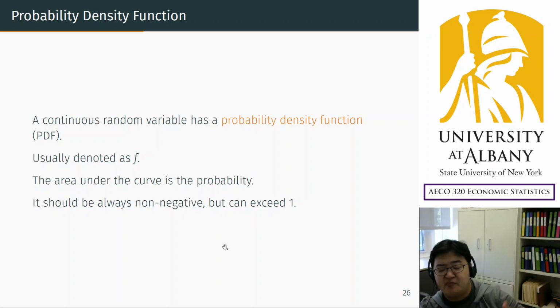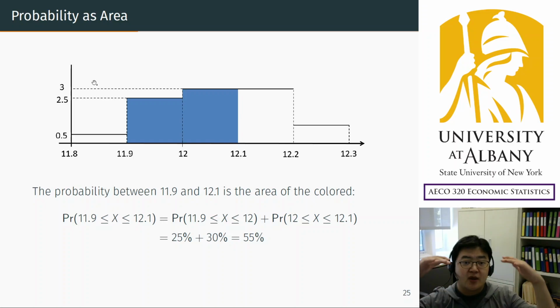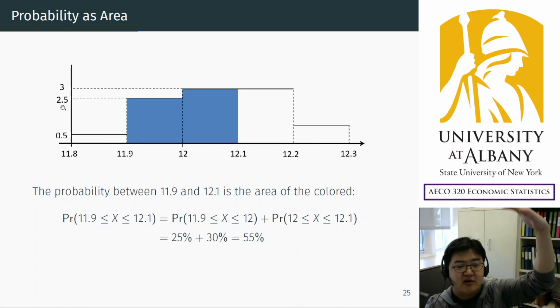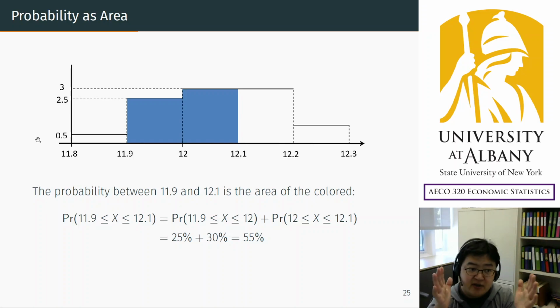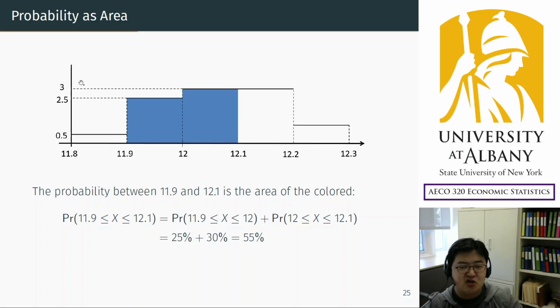Of course, it is always non-negative. The probability cannot be negative, but what's tricky here is it doesn't need to be below 1. Even if the curve is greater than 1, the area can be smaller than 1, 100%. As you can see here, the probability density can be greater than 1, even though the summation of the probability must be 1.